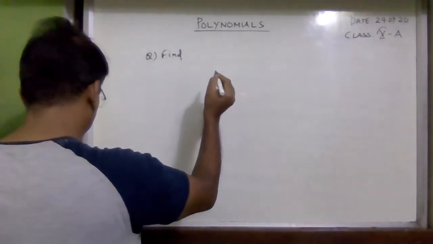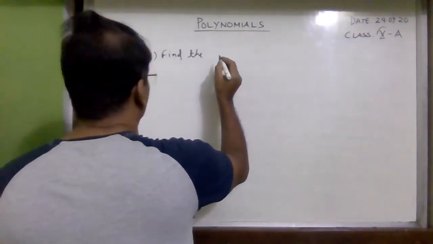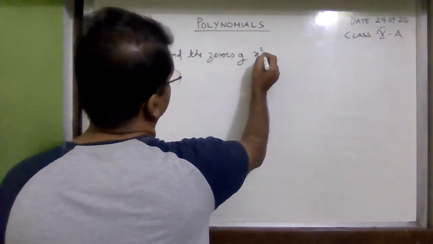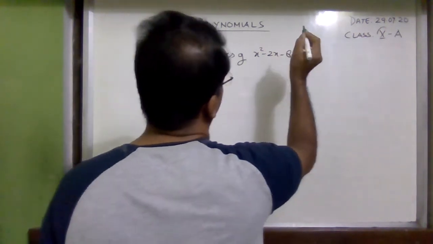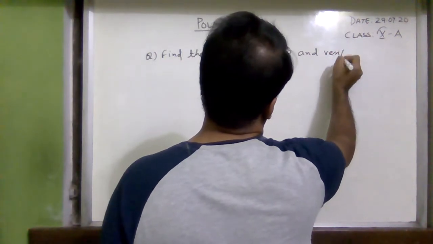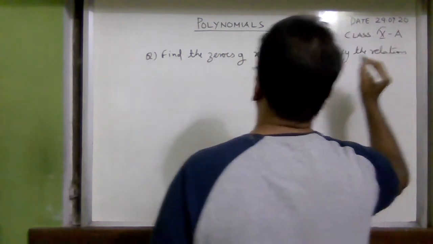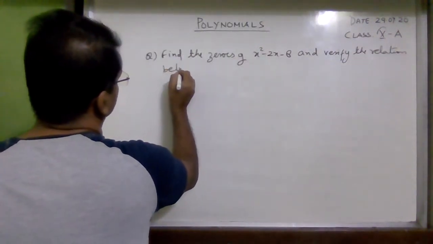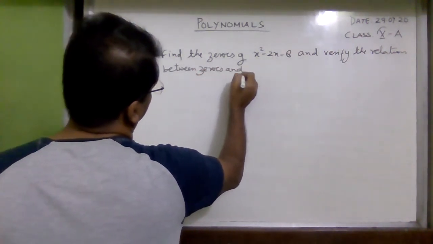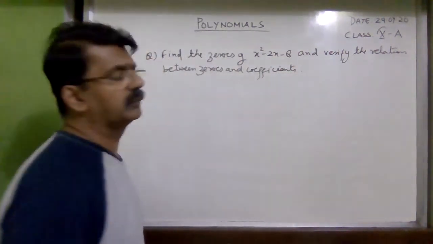Find the zeros of x square minus 2x minus 8 and verify the relation between zeros and coefficients.